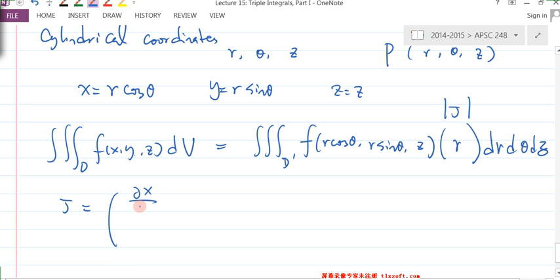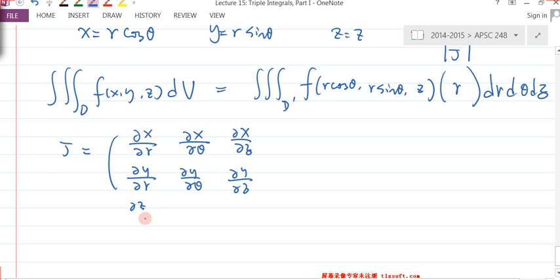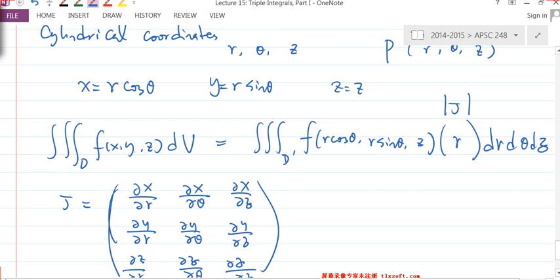So partial x over partial r, partial x over partial theta, partial x over partial z, partial y over partial r, partial y over partial theta, partial y over partial z, and partial z over partial r, partial z over partial theta, partial z over partial z. Okay, so that's the Jacobian. Because you have three functions, x, y, z, and you form the Jacobian matrix like this, right?